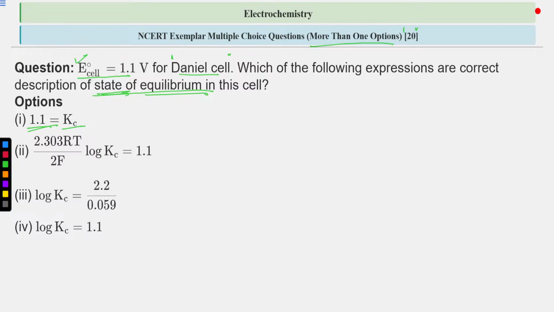You have to select the correct options among them. You have some time, try to solve it, explore it, analyze it, and then we will see how you can calculate and what the answer will be.